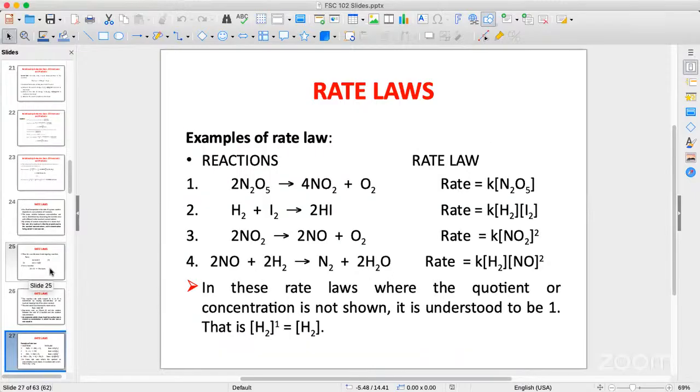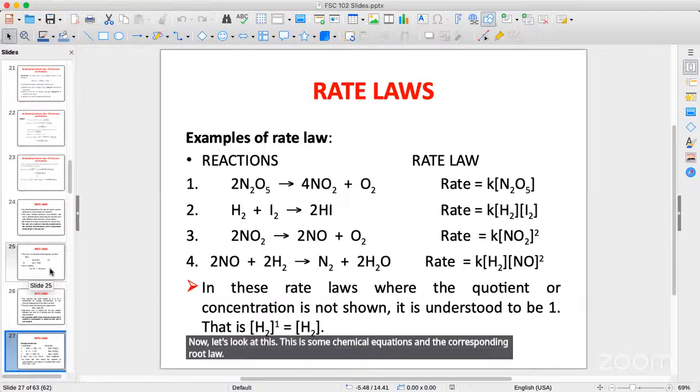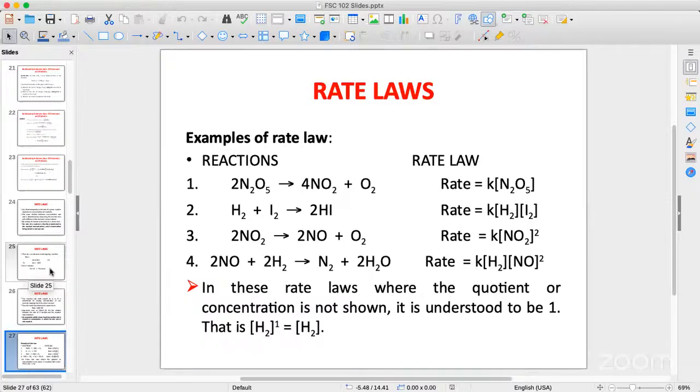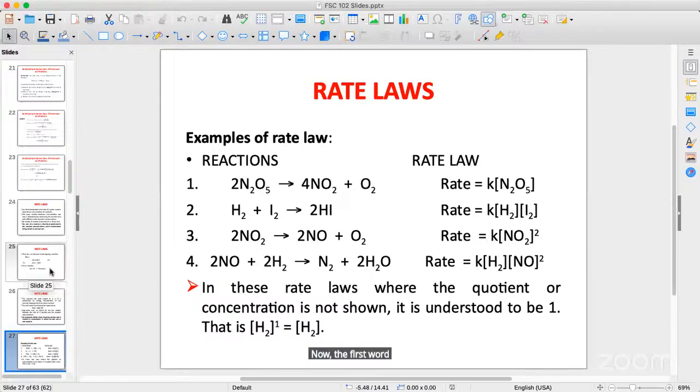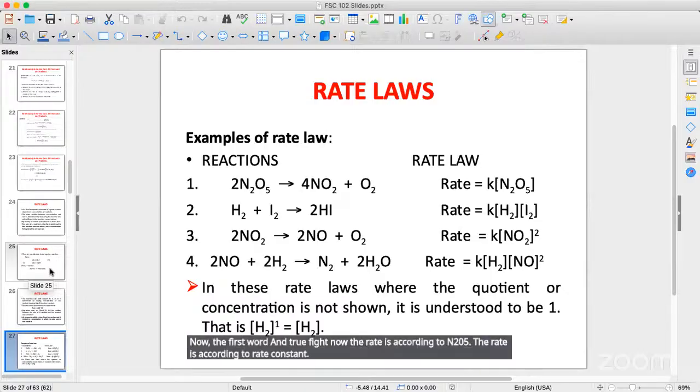Now, let's look at this. These are some chemical equations and the corresponding rate laws, and we need to pay attention to some important facts here. The first one, N2O5. The rate is equal to the rate constant multiplied by the concentration of N2O5.